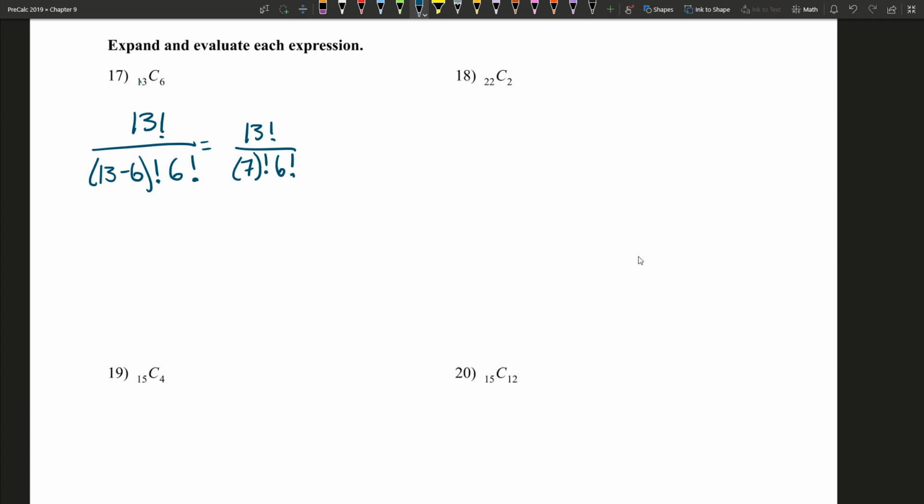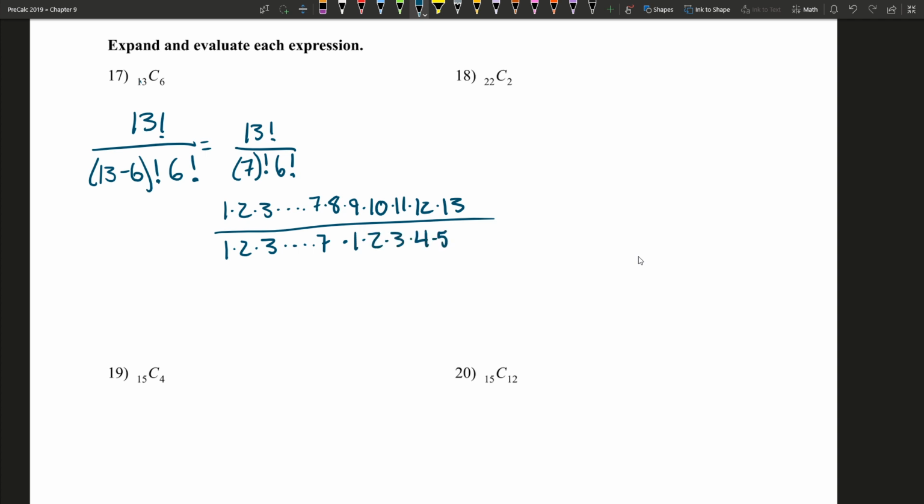Which, when we simplify this, we can do some canceling.